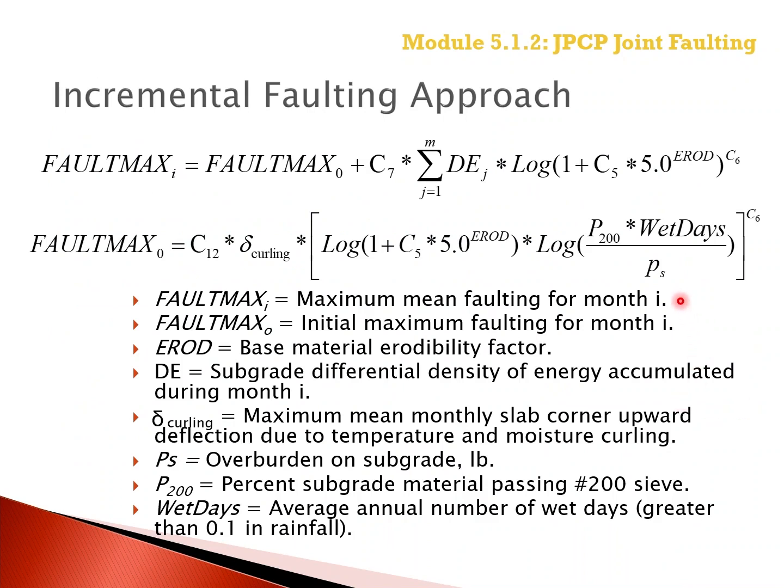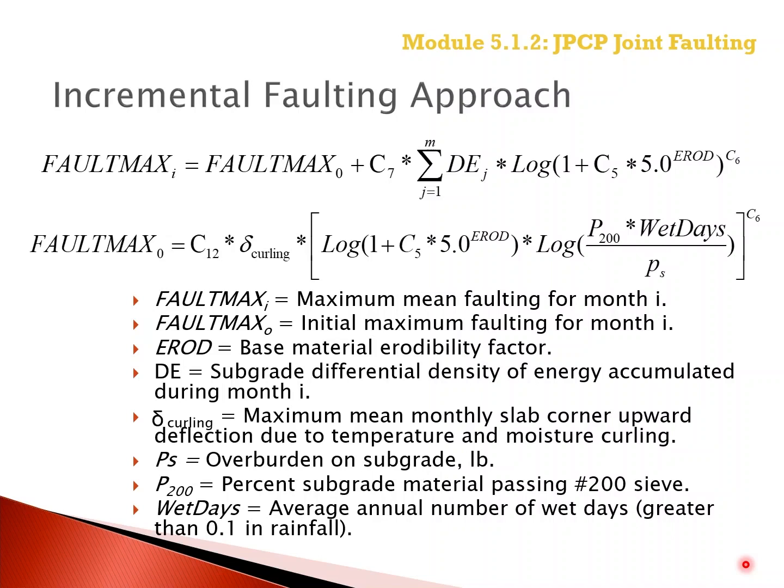The incremental faulting approach starts with calculating the initial maximum fault for each month, which is dependent on selected site factors, including subgrade and climate, and the erodibility of the base layer and or subgrade.